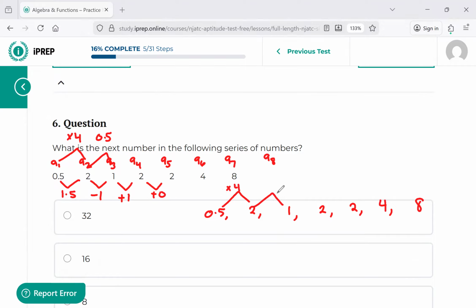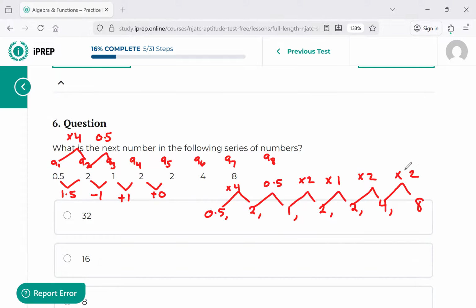From 2 to 1, you multiply by 0.5. From 1 to 2, you multiply by 2. From 2 to 2, you multiply by 1. From 2 to 4, you multiply by 2. And then from 4 to 8, you multiply by 2.